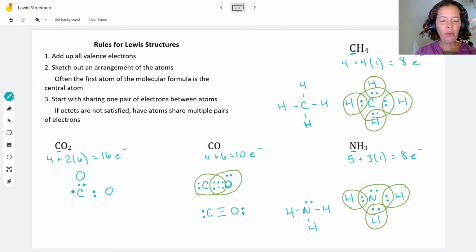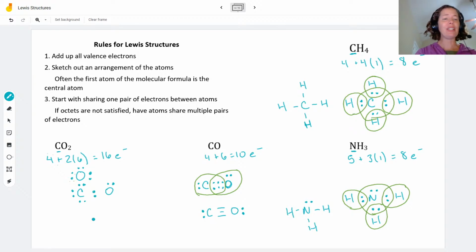So we have 2, 4, 6, 8, 10, 12, 14, 16. Okay, those are all my electrons. So I'm done. I can't keep adding electrons. And that's another mistake that I commonly see made: you start drawing in electrons on your structure, and you just keep drawing electrons in because it's so easy, right? They're just little dots. But make sure you stick with how many valence electrons you have.